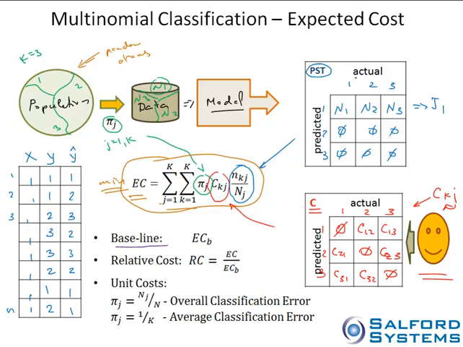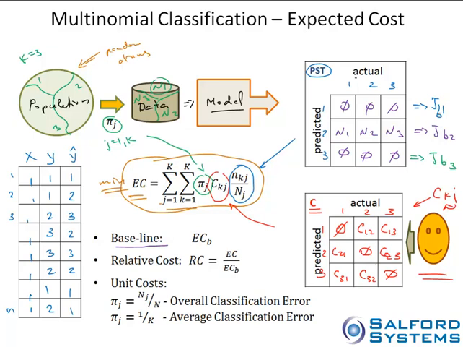Likewise, I could redo this and see what happens if I were to assign every record to class 2. So now my prediction success table would look like this. And again, I can take that prediction success table and put it through this formula and calculate the expected cost of baseline 2. So that was baseline 1, and this is baseline 2. And in a similar way, I can also calculate the expected cost of assigning everyone to class 3.